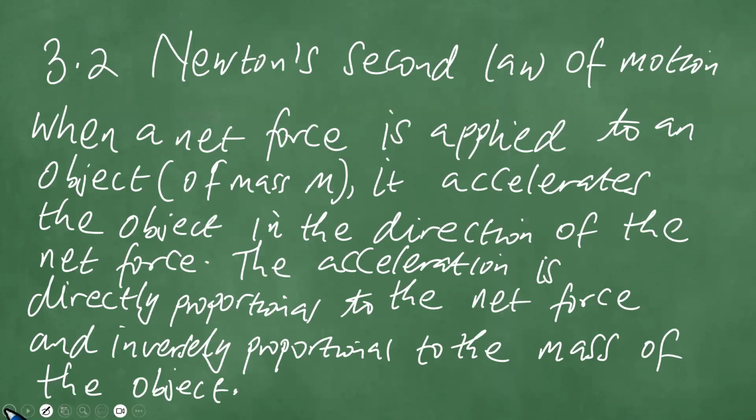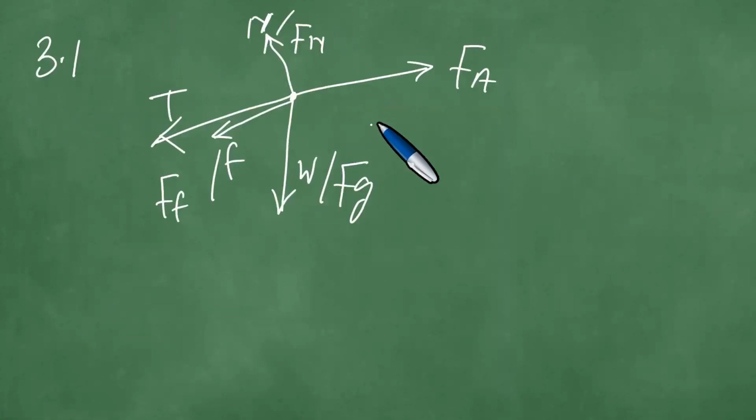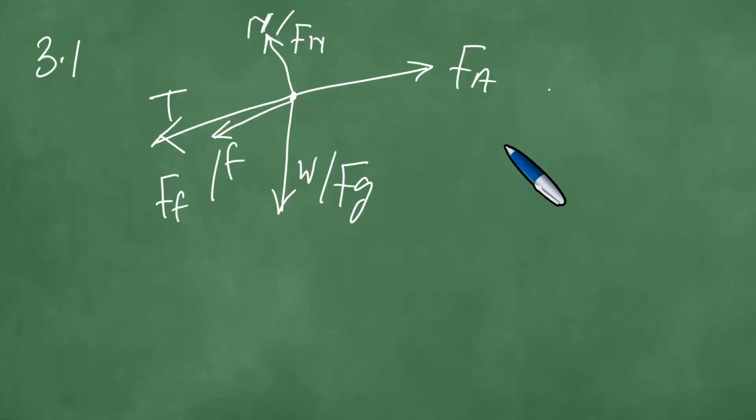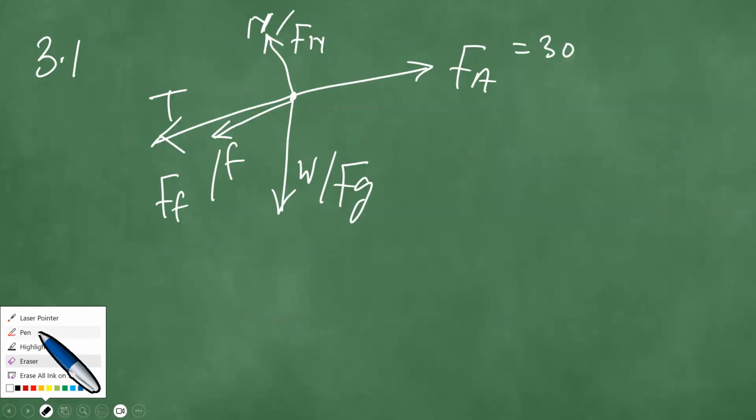In the free body diagram, we can see that for the 1 kilogram block, the applied force is 30 newtons. So to calculate the tension in the string that connects the two blocks in the diagram, we proceed as follows.